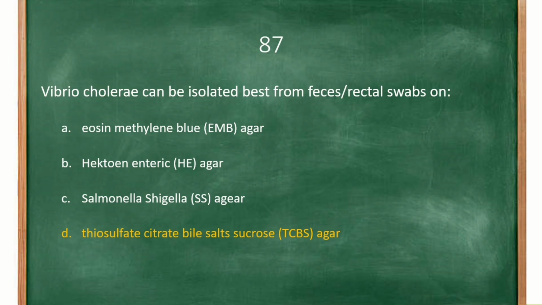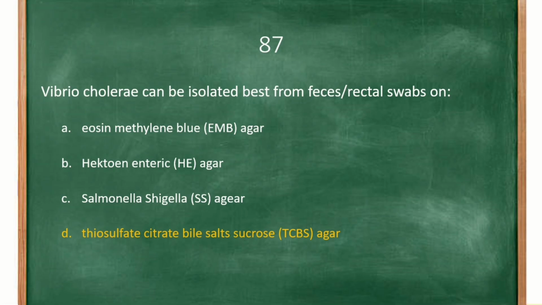Okay, then if you look at option A, eosin methylene blue agar, this is primarily used for isolating and differentiating gram-negative enteric bacteria, particularly Escherichia coli, and does not selectively isolate Vibrio cholerae.